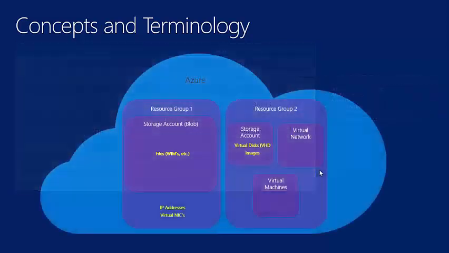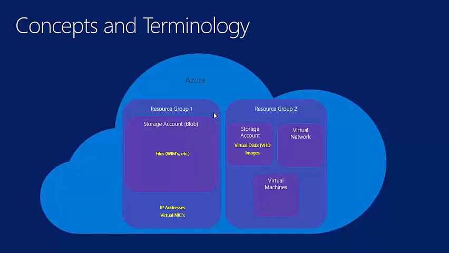Okay, so graphically, you've kind of cobbled this together to give you an idea of what I'm talking about. We have Azure, this big cloud service. In Azure, you will create 1 or more resource groups. The resource groups are basically the sandbox that contain other objects. So on the left, I have resource group 1.